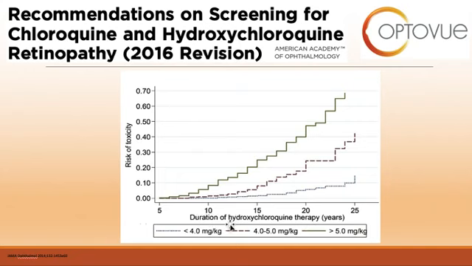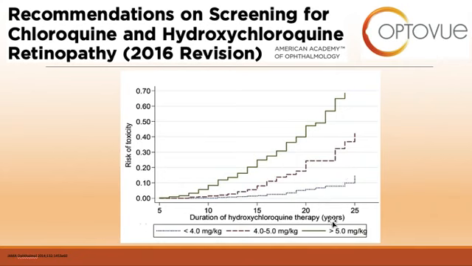When you look at the different dosages in relation to duration, you can see how the percentages are arrived at. Let's say you have a patient taking either less than 4 or 4 to 5 milligrams. That would be these two lines. You can see that the percentage of toxicity stays below 50% on these normal dosages.